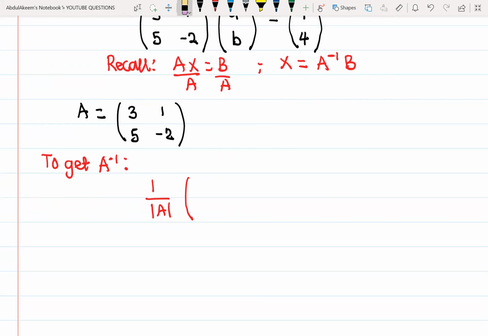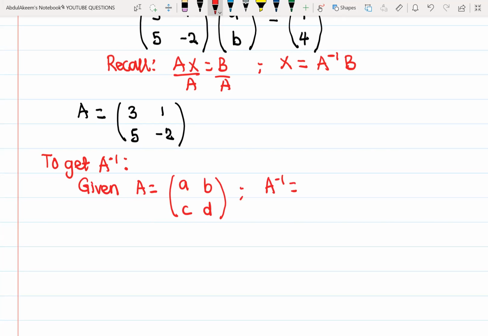Given matrix A is equal to what? [a, b; c, d]. So what will be the inverse?